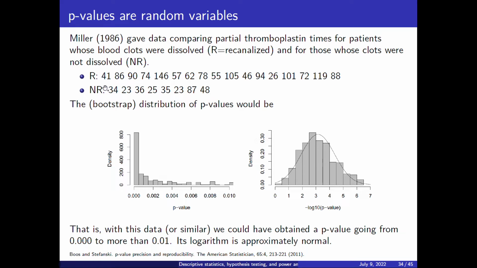And they had observations for recanalized and non-recanalized, and these are the thromboplastin times, whatever that is, and they compared if the mean value of this group is different from the mean value of this group, and you already know more or less how they would do it.